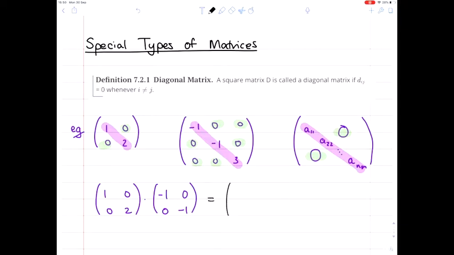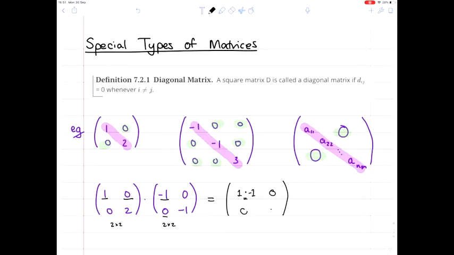So if you have a look at this one over here, this is going to be a 2 by 2 times a 2 by 2, so we're going to end up with a 2 by 2 matrix. Our first entry is going to be the first entry of the first matrix times the first entry of the second, and then you've got a 0 times a 0, so you have 1 times minus 1.